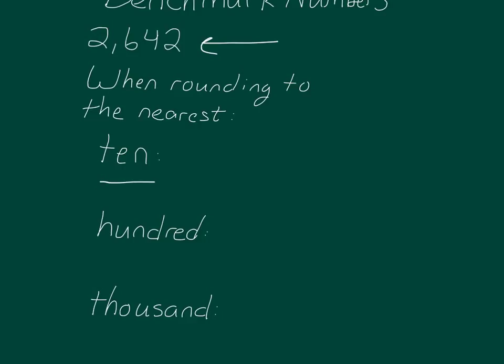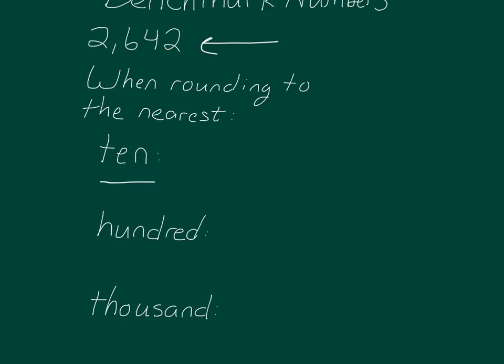The number in the tens place is the 4. So the benchmark numbers for this 4 are the numbers above and below 42 that are in the tens place.